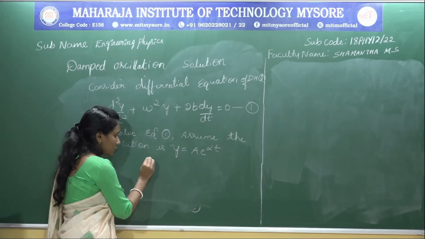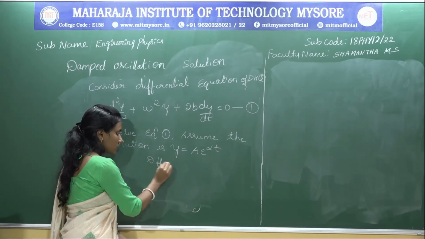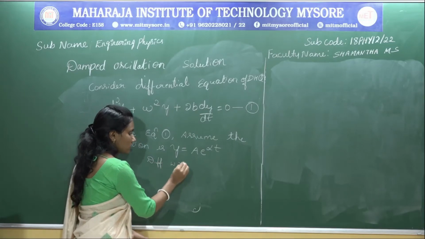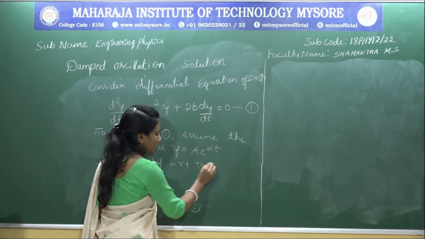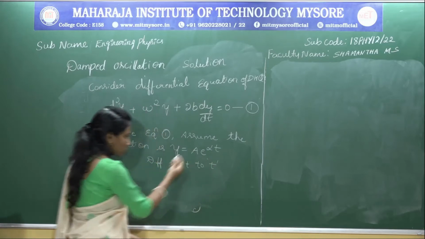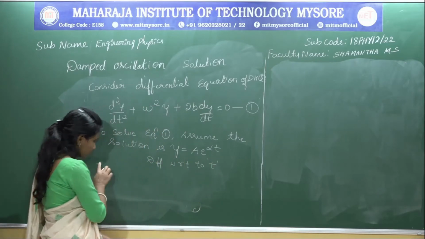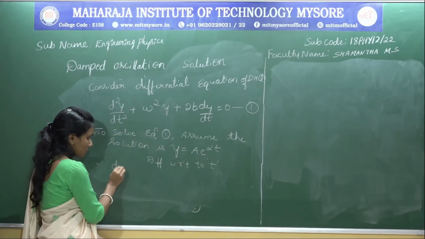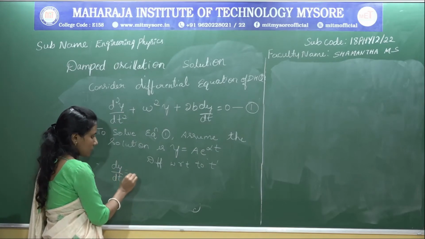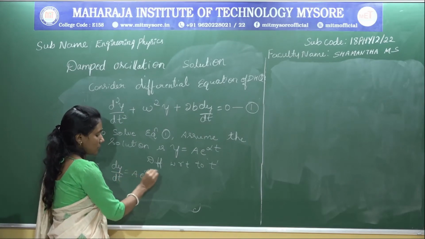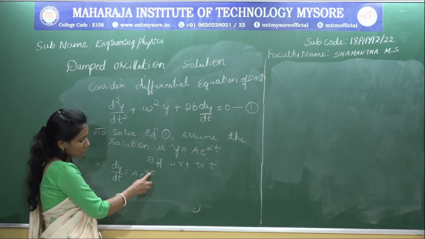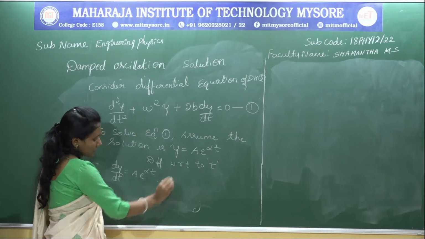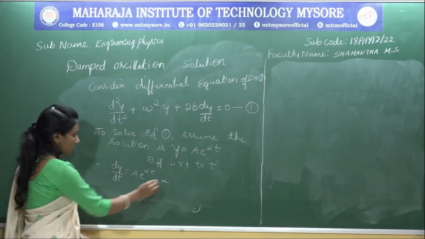So, first differentiate with respect to time t. Then we will get dy by dt is equal to a into e to the power of alpha t into alpha.